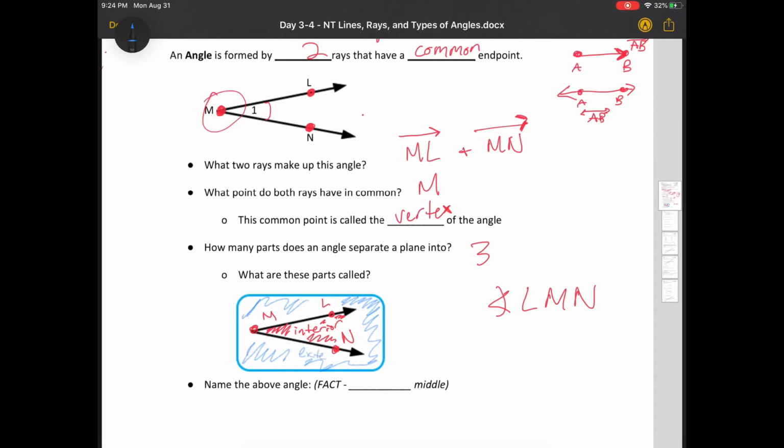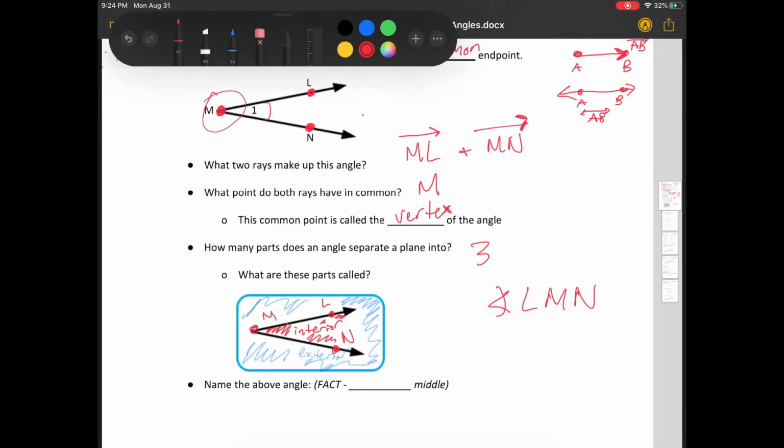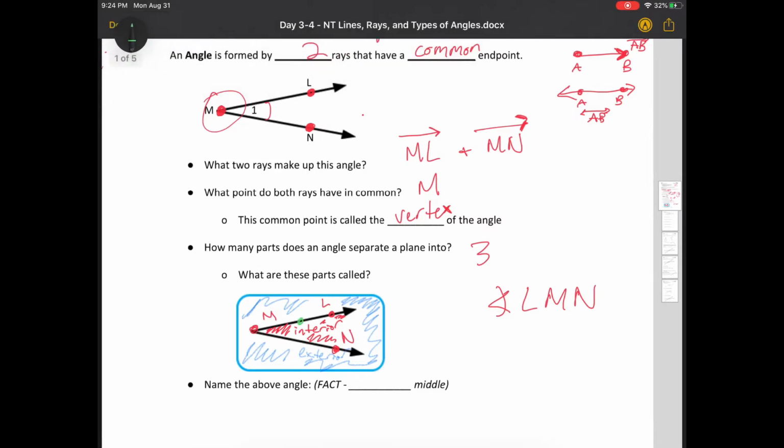So we have the exterior of the angle. And then one more thing we have, so this is the third, would be any points that are on the angle. So any points here, here, here. So we have anything that's on the interior, exterior, or on the angle. So those are the 3 that it separates a plane into.